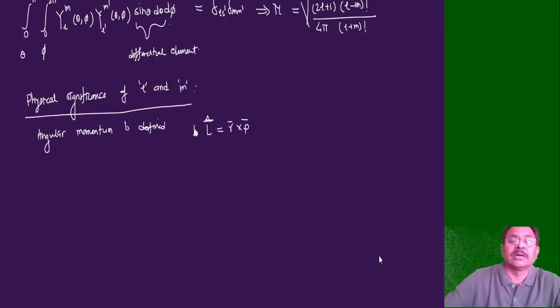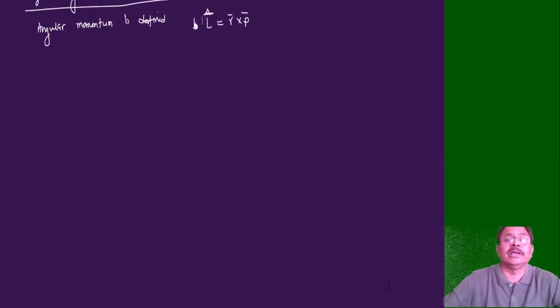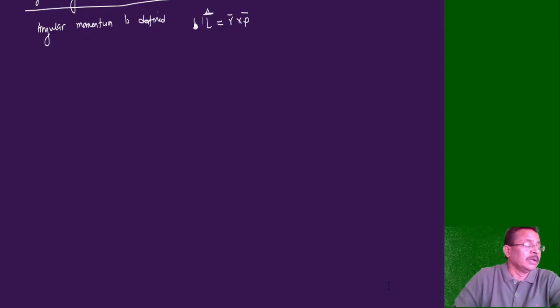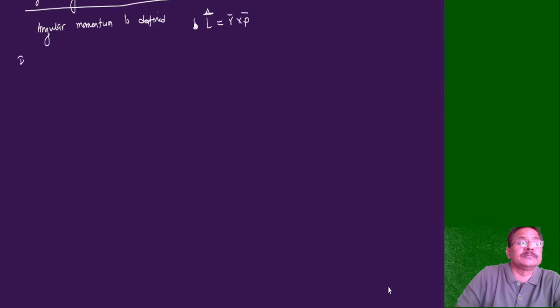This is the cross product of R bar and linear momentum P bar, that gives you angular momentum. Now in quantum mechanics, some of you might know this, you have used this operator last year.